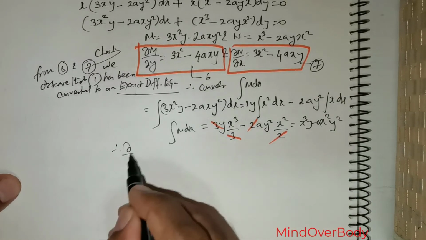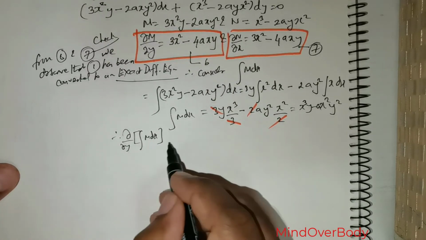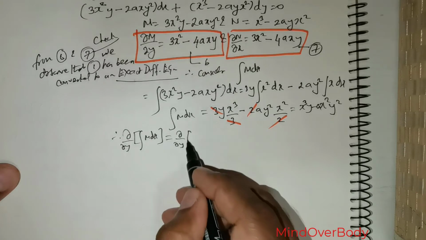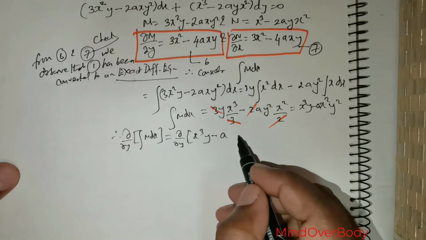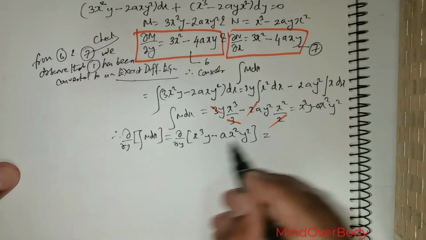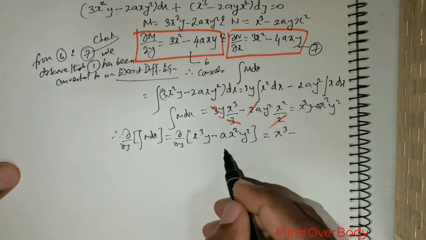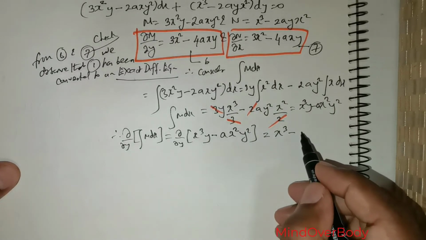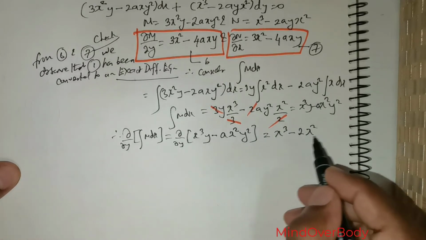So therefore, dou over dou y of integral M dx is equal to dou over dou y of x to the power of 3y minus a times x squared times y squared. Differentiating this with reference to y would give me x cubed. This differentiation would give me 2 times a x squared times y.